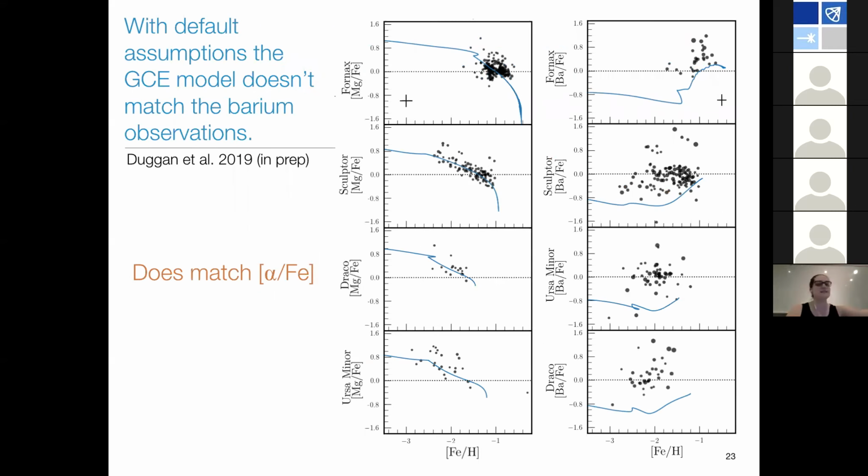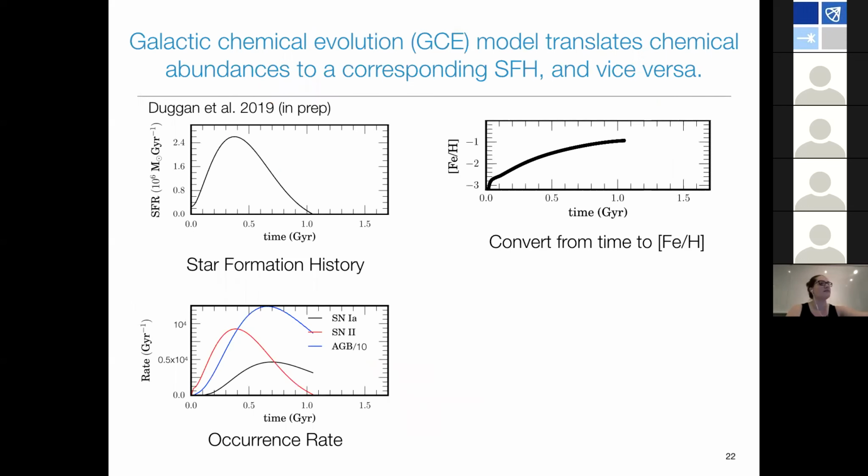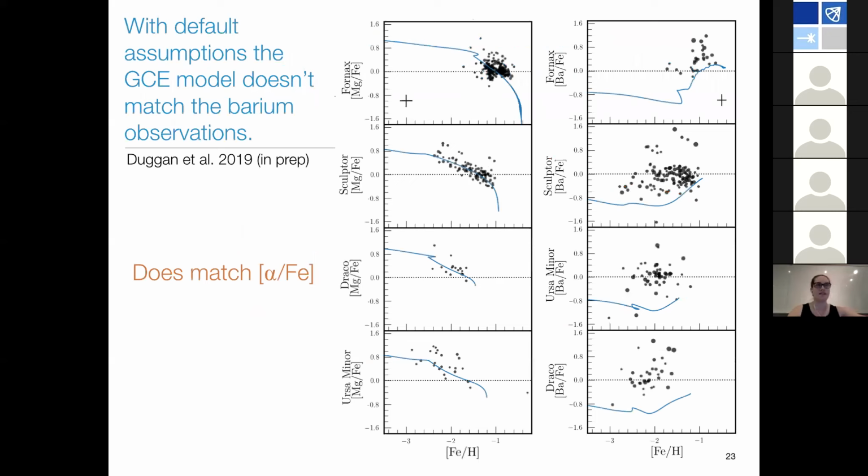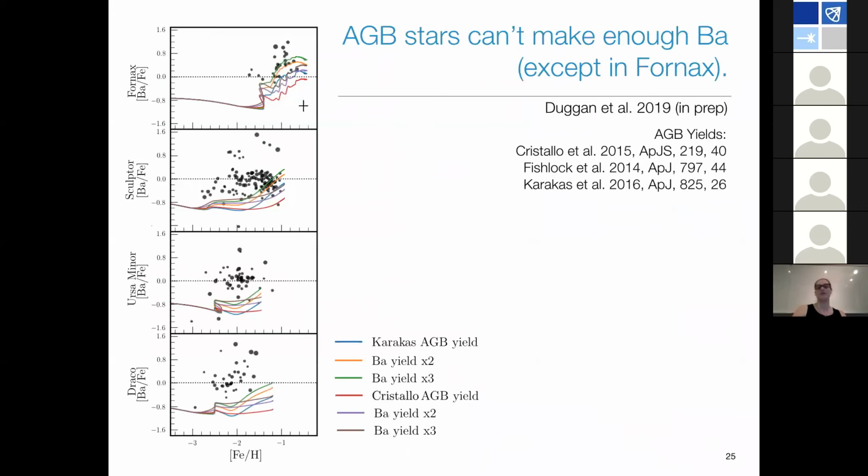I haven't added neutron star mergers at all into this model yet. This is only from AGB stars with a trace amount coming from core collapse supernovae. Oh, okay, cool. Right, so we have not added neutron star mergers at all. This is part of my build-up to show you why we need neutron star mergers.